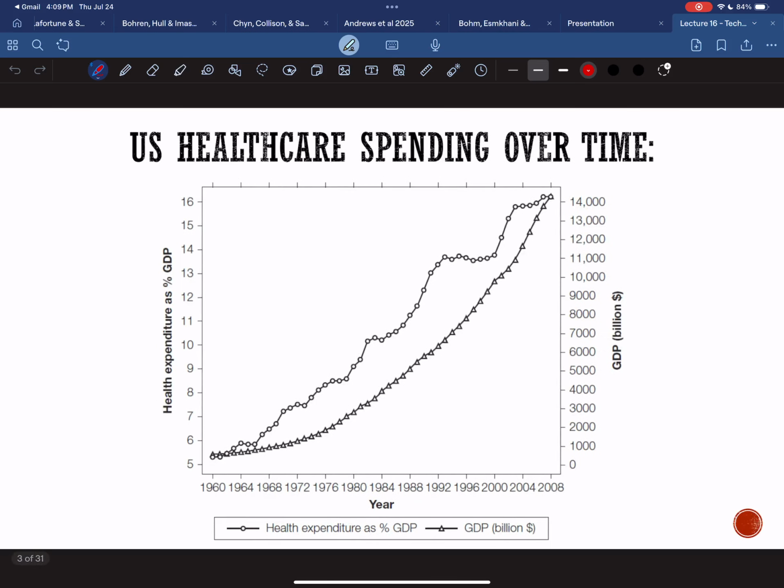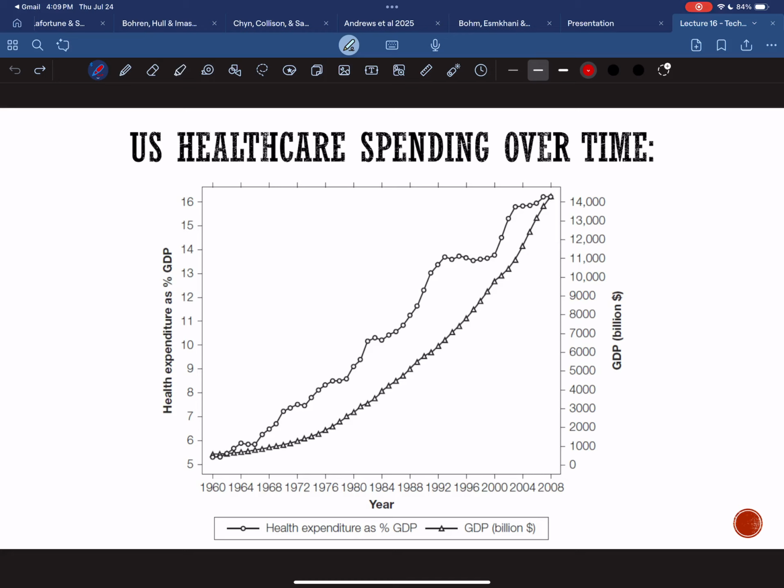You may remember this graph from lecture one. The little circles are health expenditure as a share of GDP. So it's going up from 1960 to 2008. We start at just about 5%, and by 2008, we're just over 16% of GDP spent on healthcare.